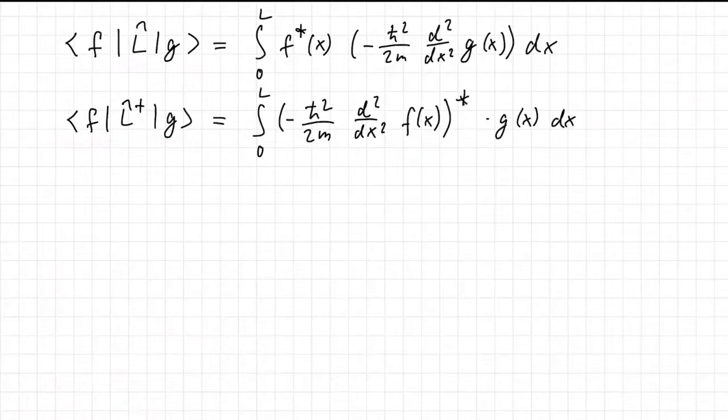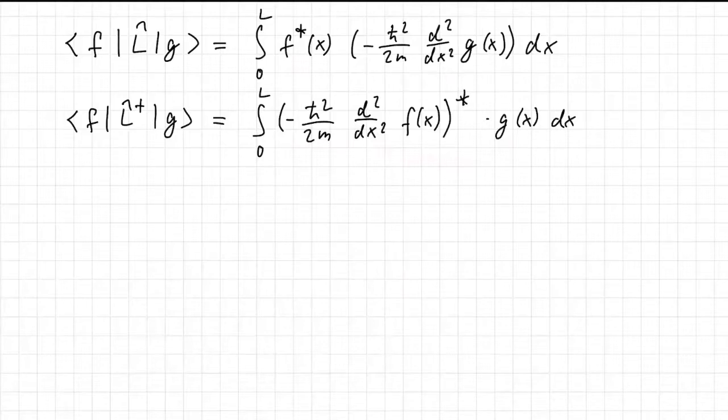Now, what we would like to see is whether these two expressions are the same. And at first glance, they're not. Here I have an operator acting on G, and here I have the derivative acting on F. So we need to try to show that these are actually the same. We need to try to bring these derivatives to the other side to act on G. And this we can do by applying the formula for partial integration.